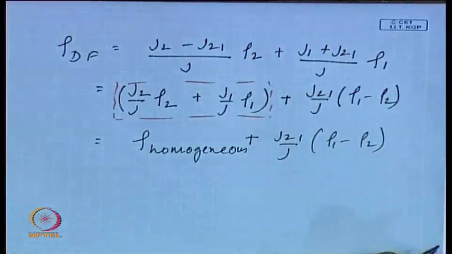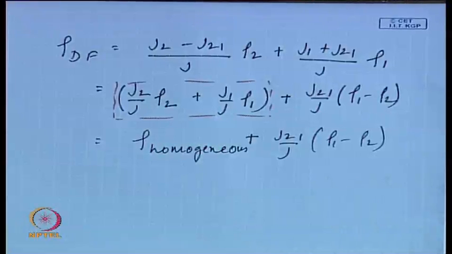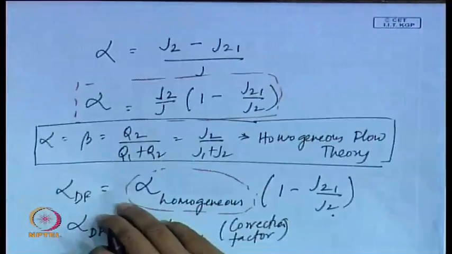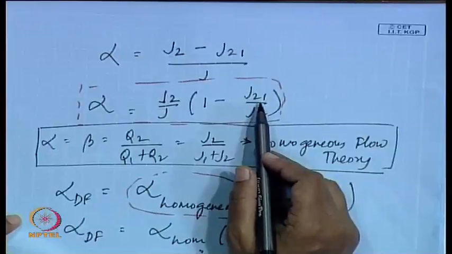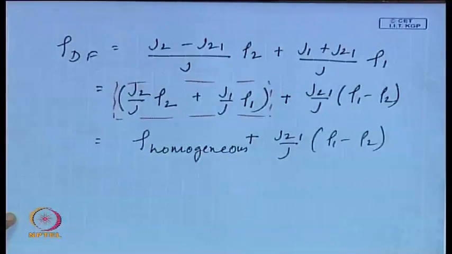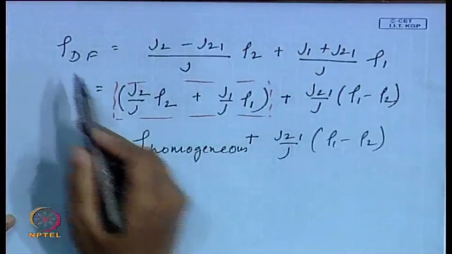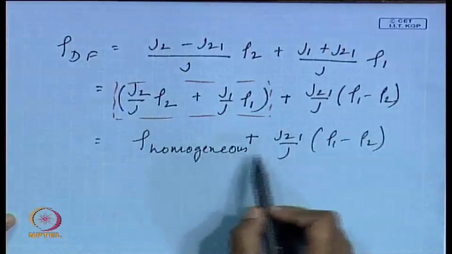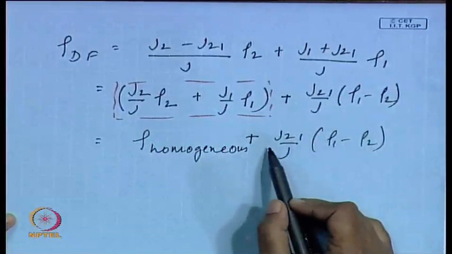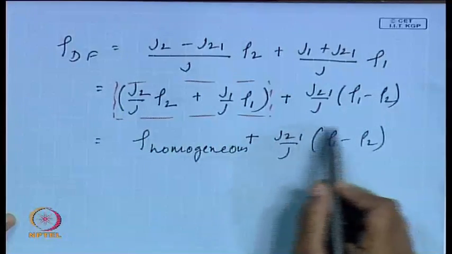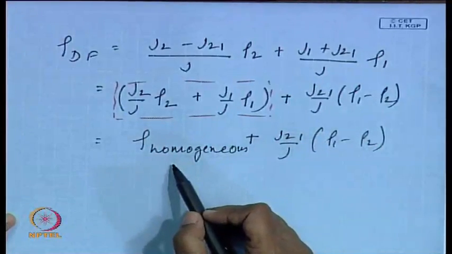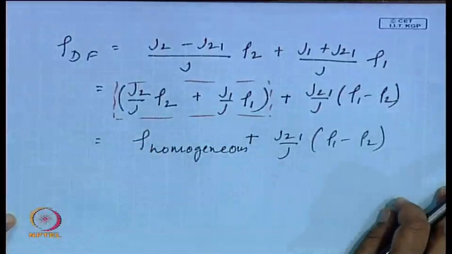So, what do we find? For the expression of alpha, we had found that the correction factor was a multiplicative term which was a function of J21. In this particular case, rho drift flux has again a correction factor, which is additive and again a function of J21, and that additive term when added to the homogeneous value gives us the rho drift flux.